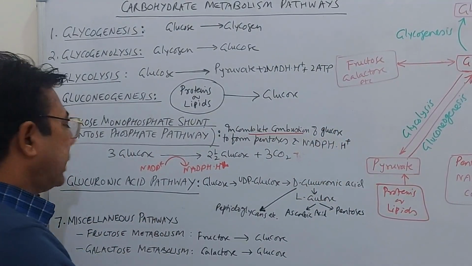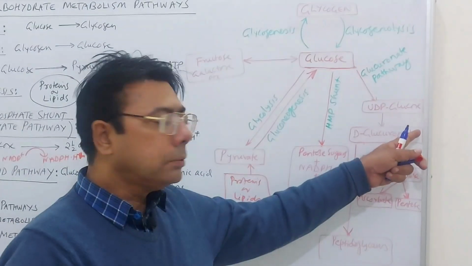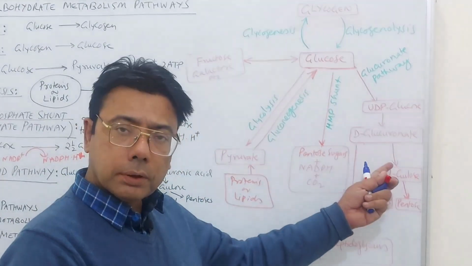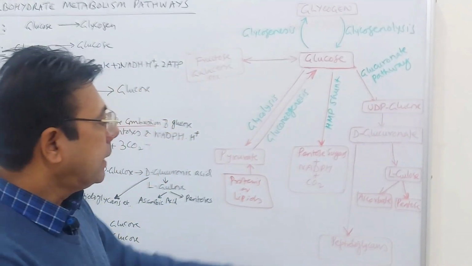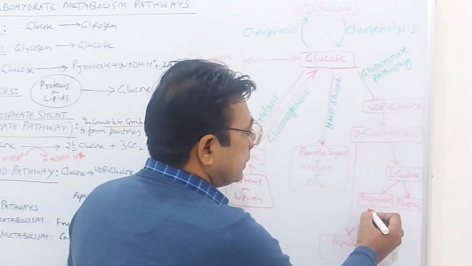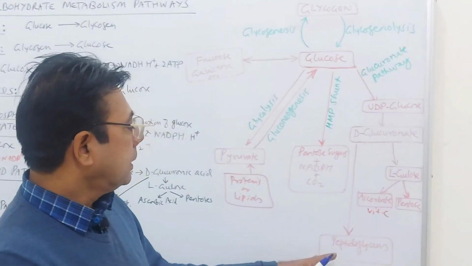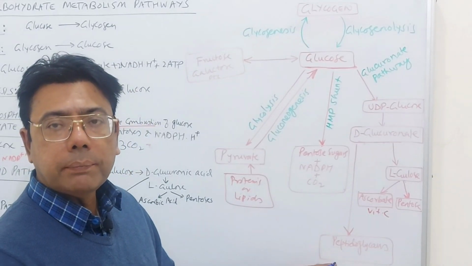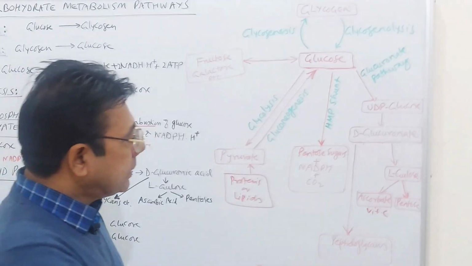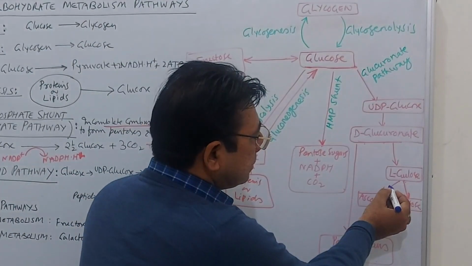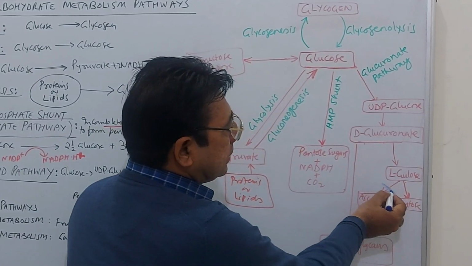Then the next important pathway is the glucuronic acid pathway, in which a glucose molecule forms UDP glucose, then that forms D-glucuronate, and then L-gulonate, and finally it forms ascorbate. Ascorbate is what? This is vitamin C, and it also generates pentose sugars and some other important biomolecules like peptidoglycans, etc. Students, you should also remember that the step in which glucose changes to ascorbic acid, or vitamin C, is lacking.